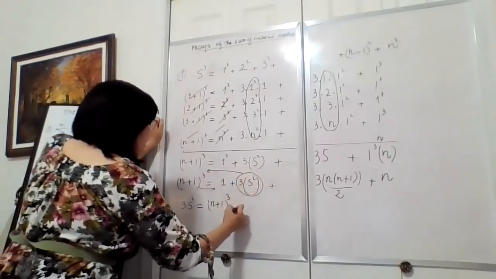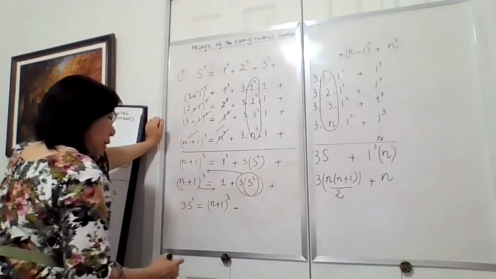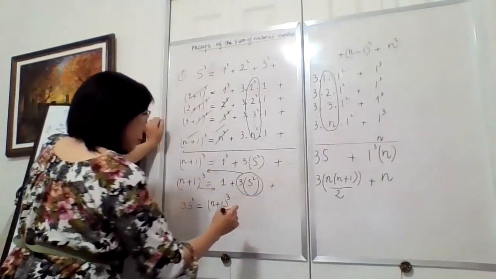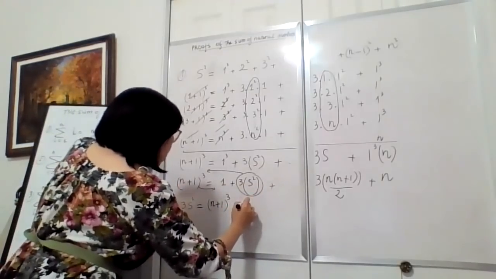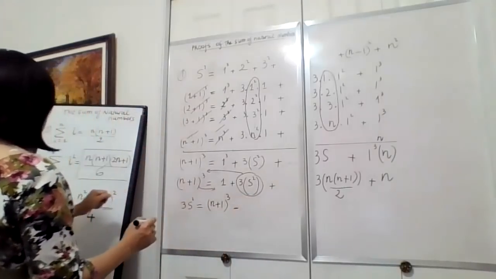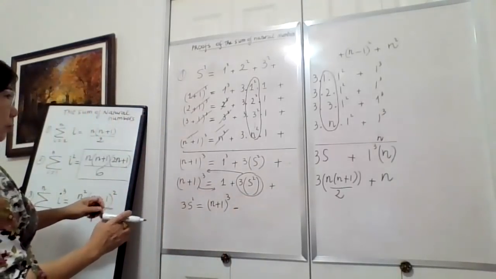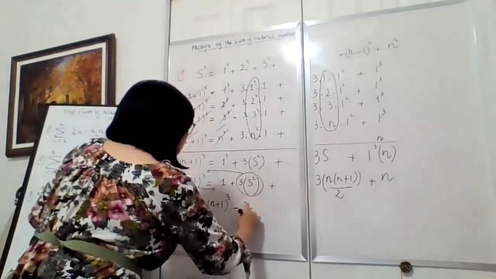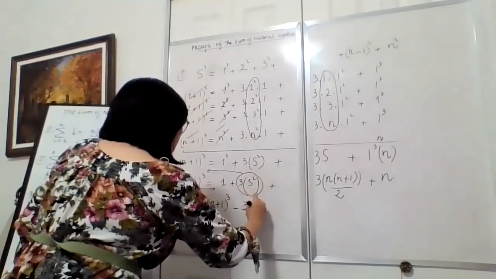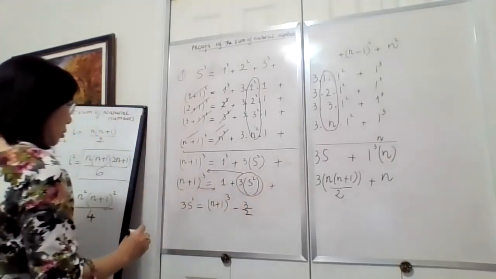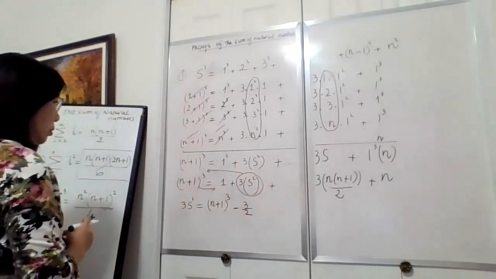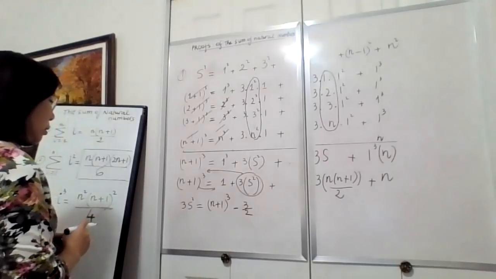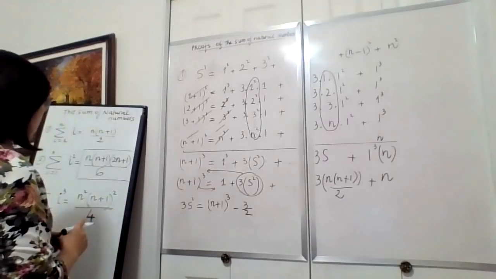So positive will become negative when I do that, right? And this will be the 3 over 2, right? So that will be 3 over 2.